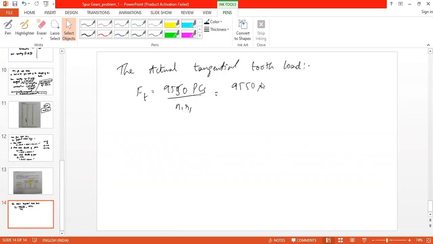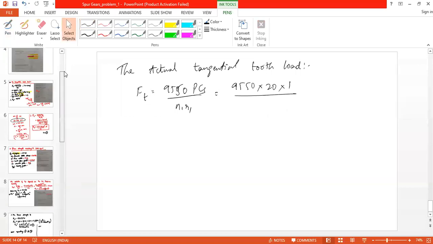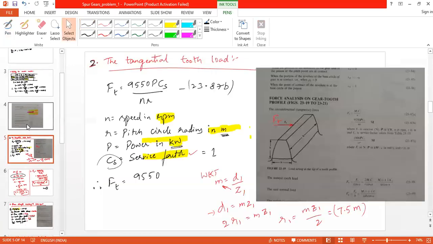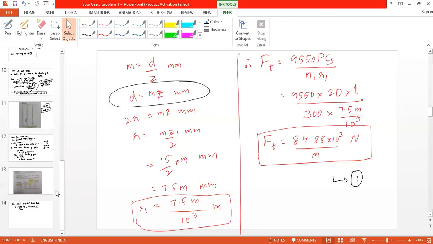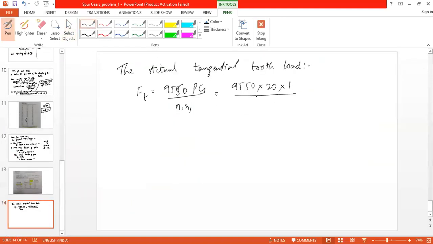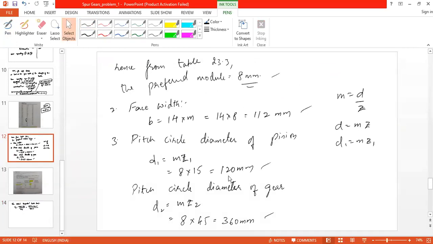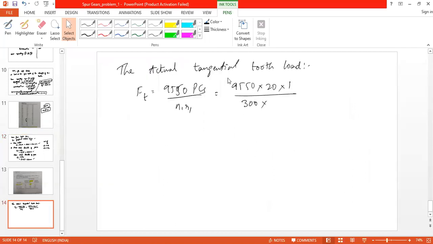It is 20 kilowatt. So it is 20 and Cs is 1 divided by N1. What is N1? It is 300 RPM. N1 is 300 and R1 is half of D1, that is 60 mm. So 60 divided by 10 power 3, so we'll get it in meter. So what is the answer for this?